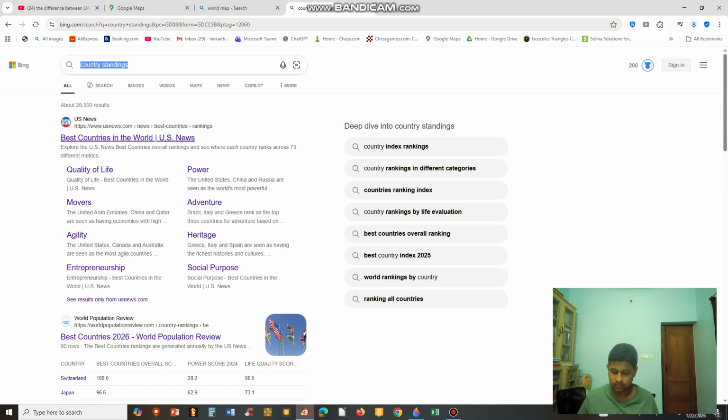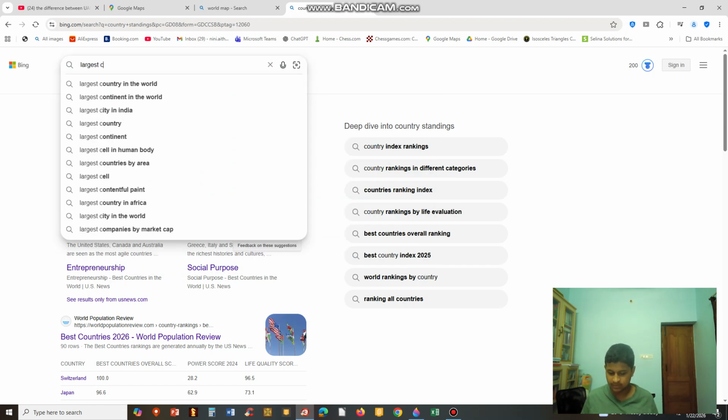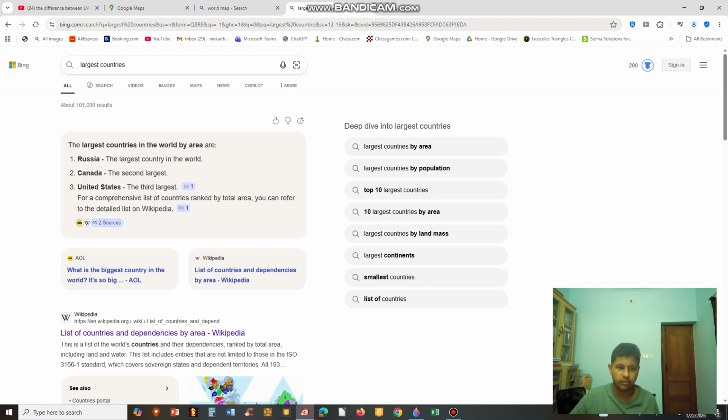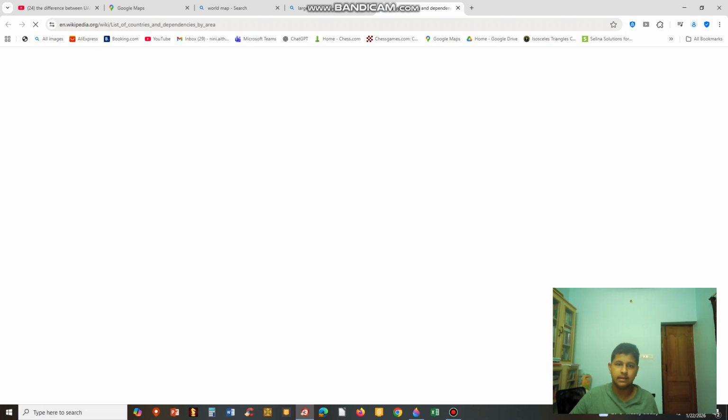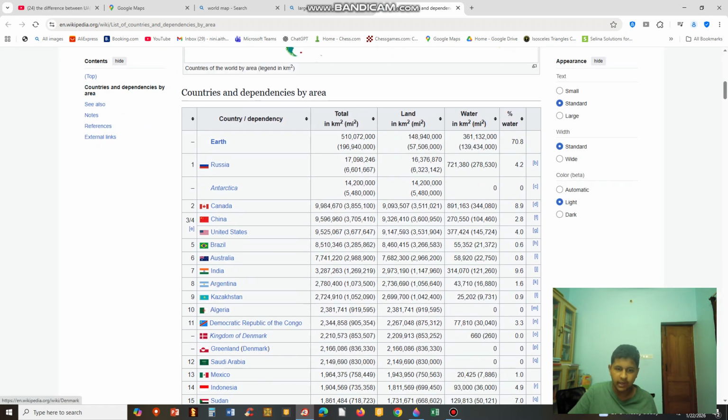Now for the largest countries, as per this, look here: Greenland is around 2 million square kilometers, or we usually say 21 lakh kilometers, around that.